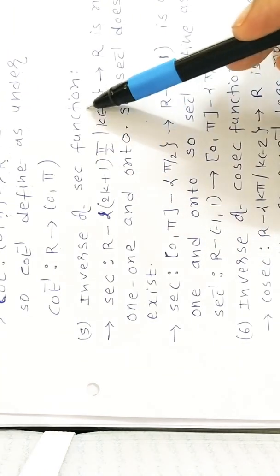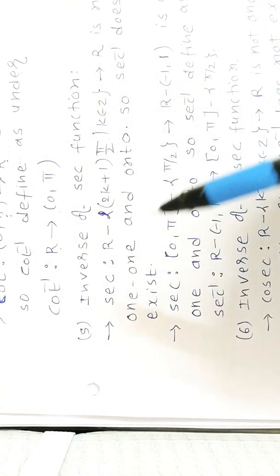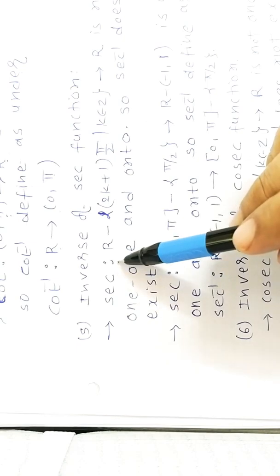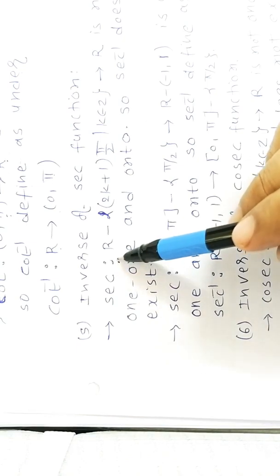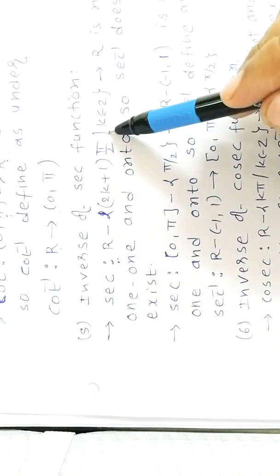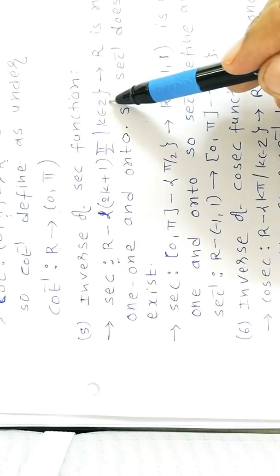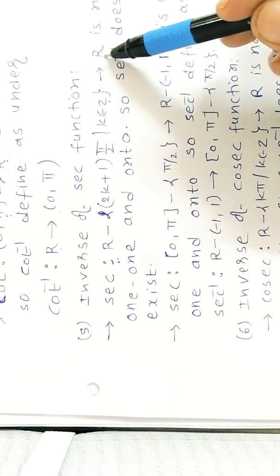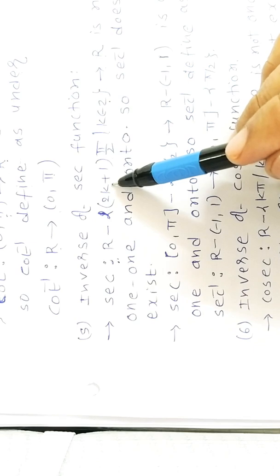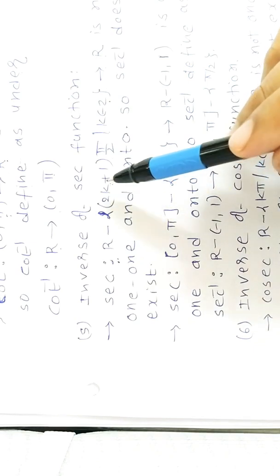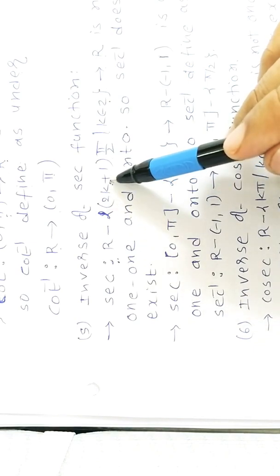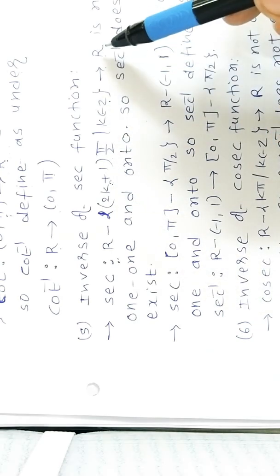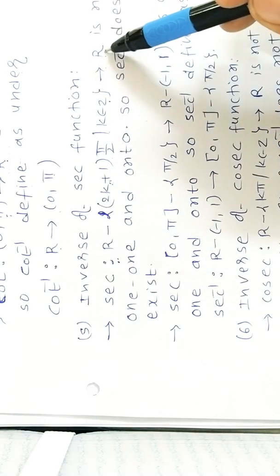Now inverse of sec function. The domain of sec function is R minus (2k plus 1) pi by 2, k belongs to Z, and codomain is R. In this domain, sec function is not one-one, and in this codomain, function is not onto.